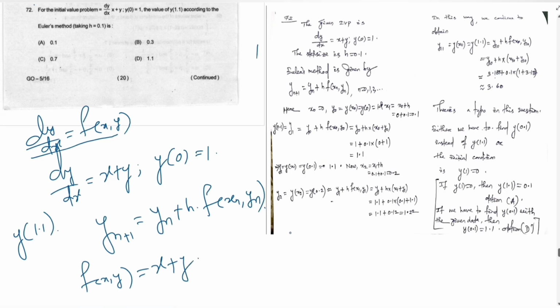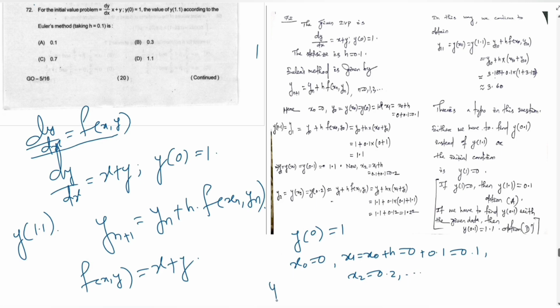From the given initial condition, we have y of 0 equal to 1. So we take x0 equal to 0 and we have the step size h equal to 0.1. So x1 is x0 plus h, which is 0 plus 0.1, which is equal to 0.1. Similarly, x2 is 0.2 and so on.